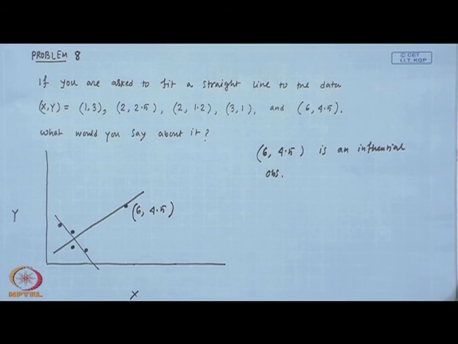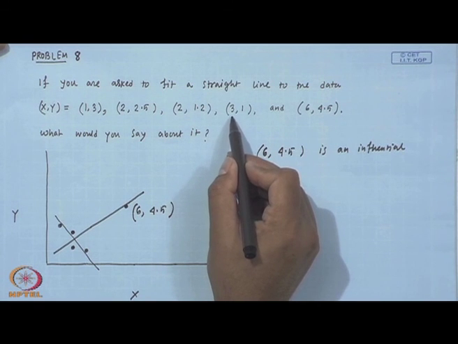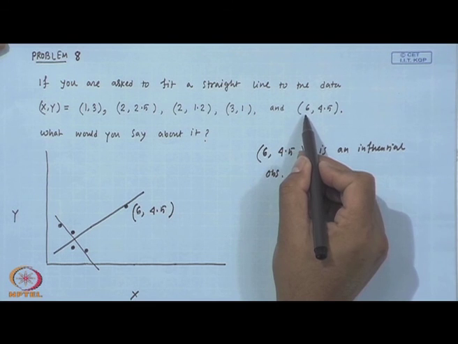And what could have been better here is that if you see here you have data up to 3, and then the next one is 6.